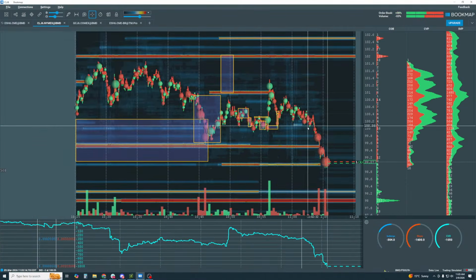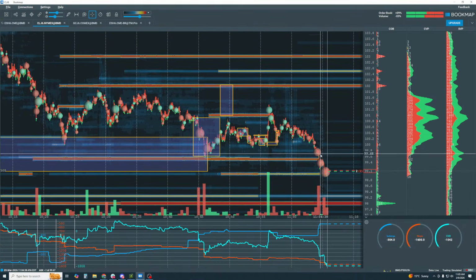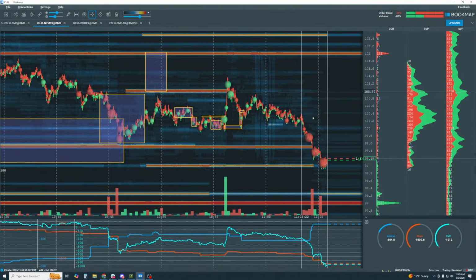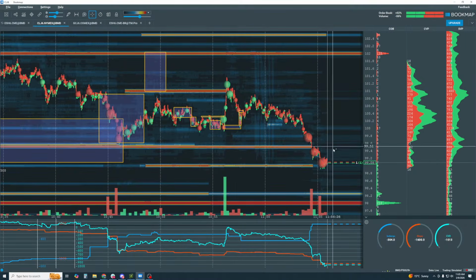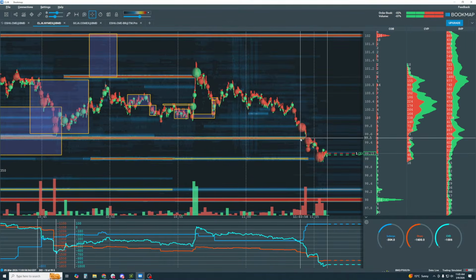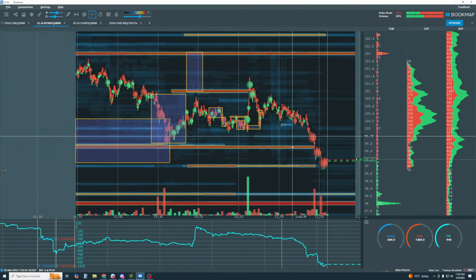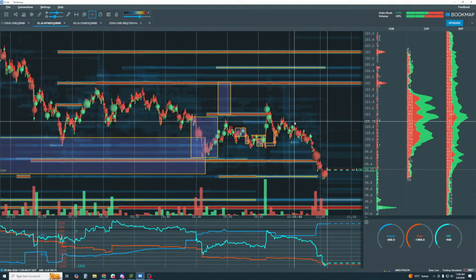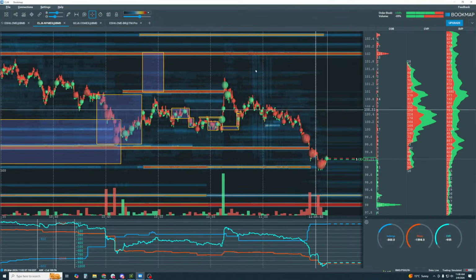Okay, so we got that. Anyway, we can go over more about this as well. Is this liquidity getting filled in here, or is the target down here, the 260 contracts down here at 98? That looks better to me.